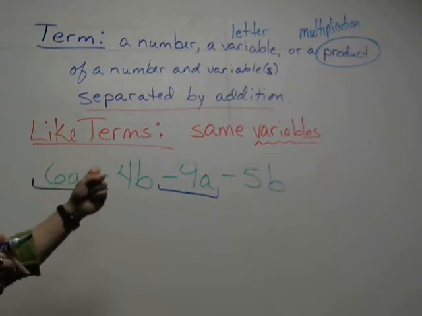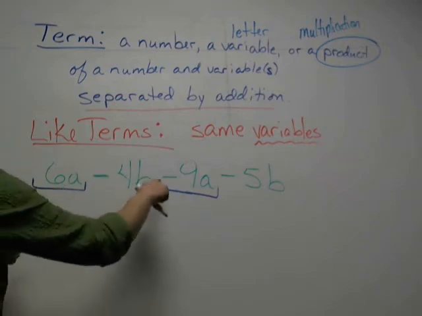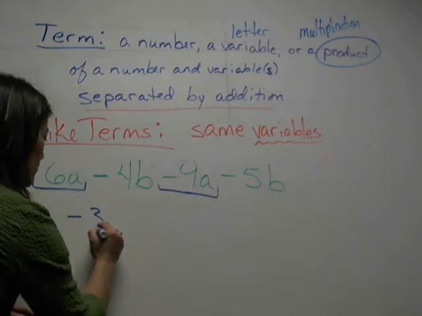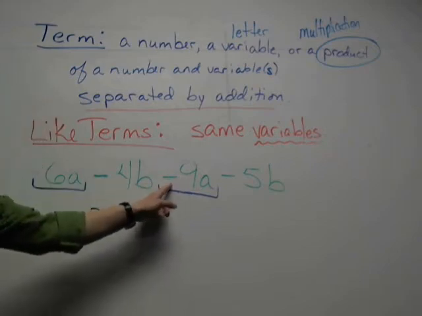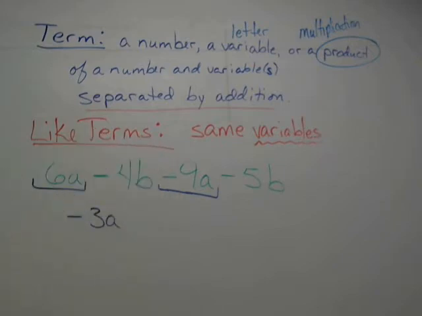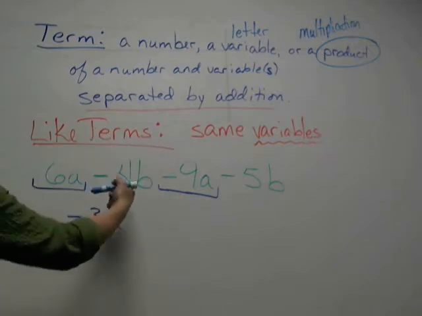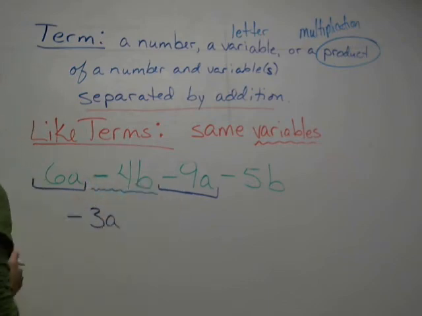I have a 6A and a negative 9A. So one of each sign, I subtract and keep the sign of the larger. This will give me a negative 3A. The 9 is negative, and that's the bigger number. And then continuing on, likewise, here's a 4B. Oh, it's not a 4B, it's a negative 4B.